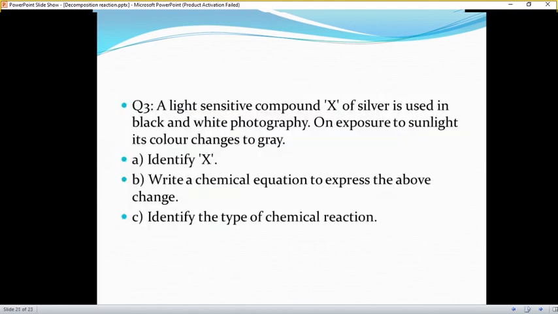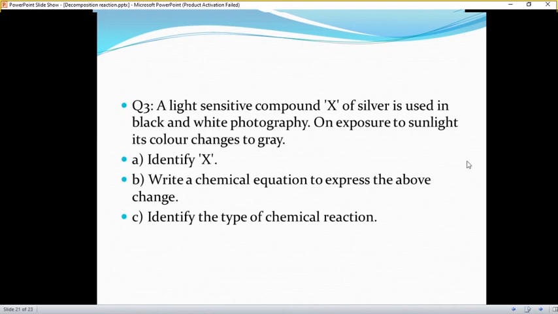Let's look at another question. A light sensitive compound X of silver is used in black and white photography. Light sensitive means which reacts in the presence of light. Now we all know that we have learnt about two compounds of silver, silver chloride and silver bromide.